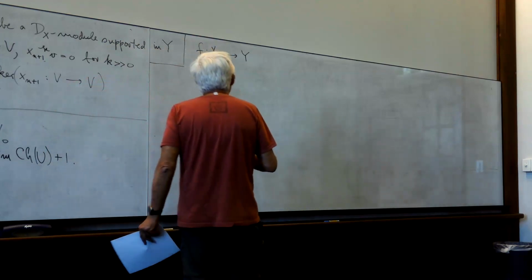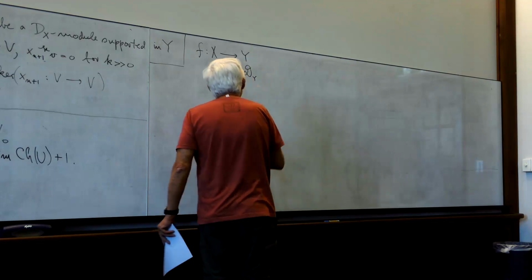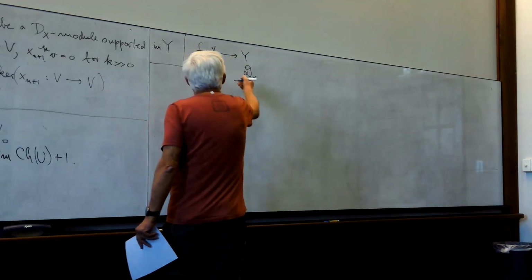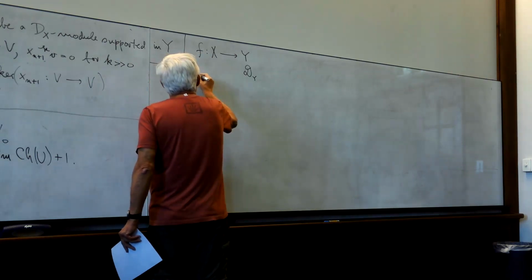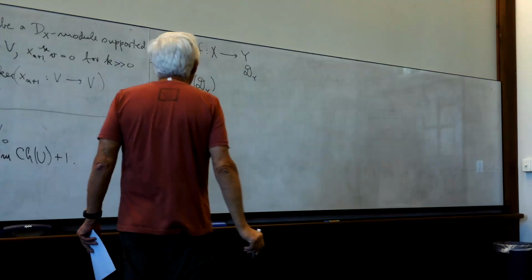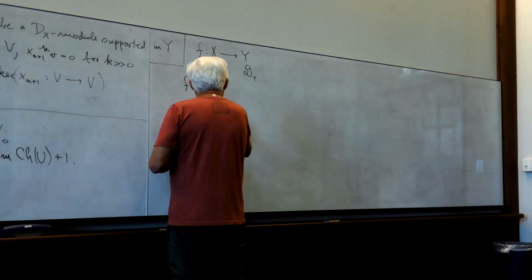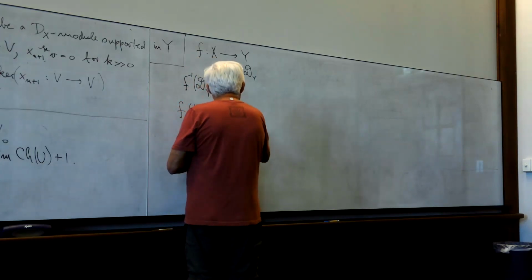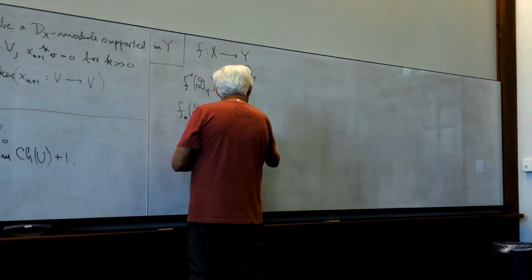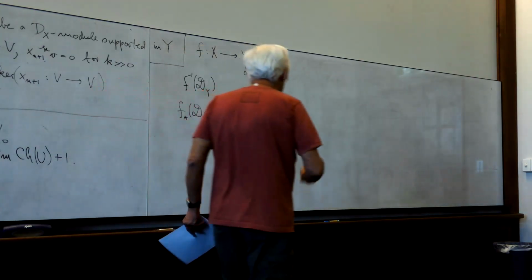Then we can take Y and the sheaf-theoretic inverse image of Y, and the O-module inverse image is just O_X tensor f inverse O_Y. So this is weird.